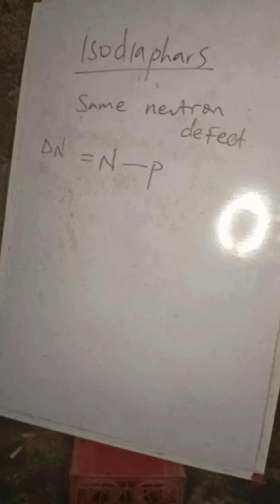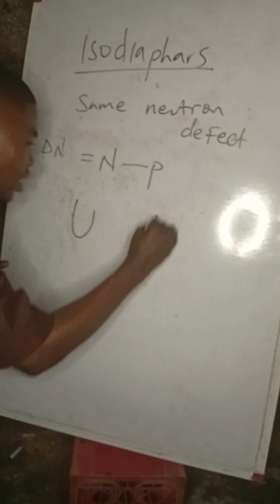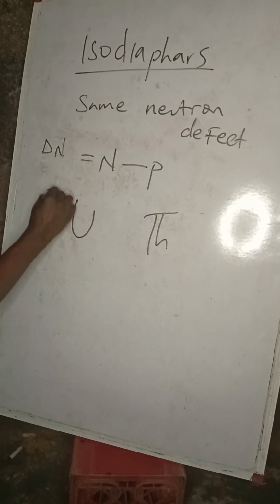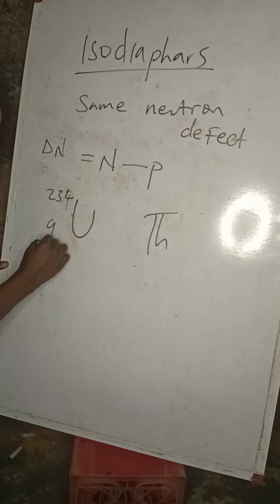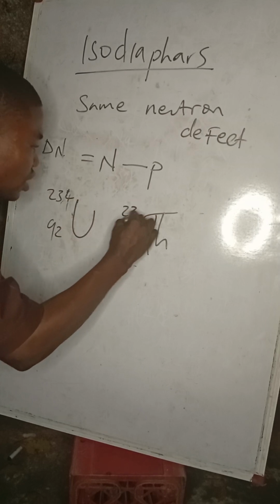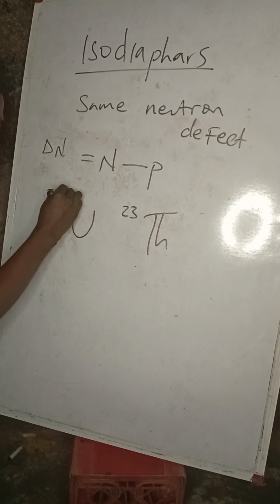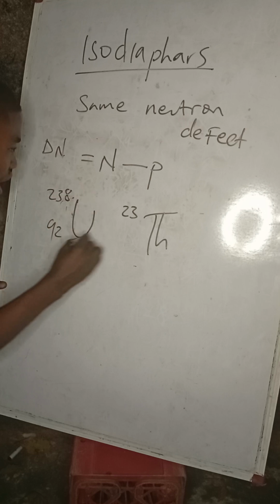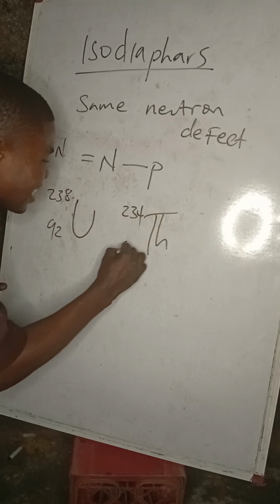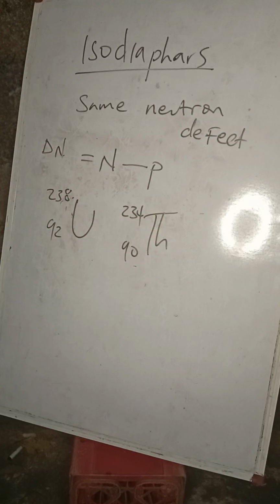There is just one example of isodiaphers in chemistry, two atoms that are isodiaphers to each other. One of them is uranium, the other one is thorium. Uranium 238, 92 and thorium 234, 90.